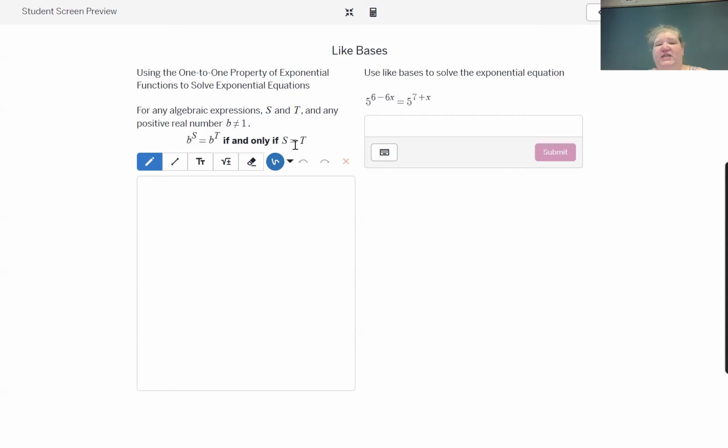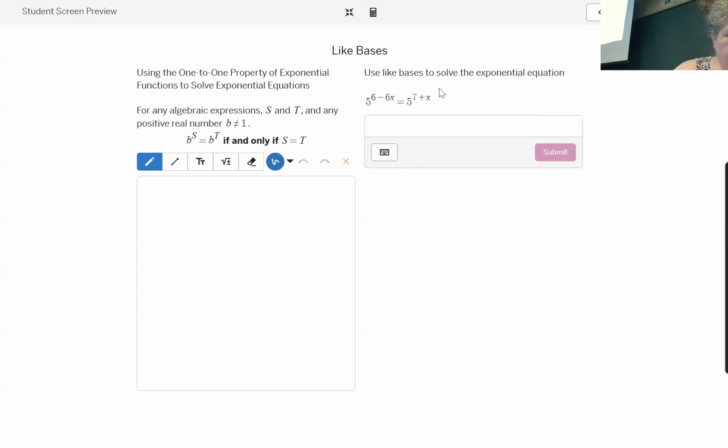So if s or t has a logarithm in it, then I can use an exponential on both sides of the equation to cancel the logarithm. In certain situations, we're actually going to use this setup backwards. But for right now, we're going to see 5 to the ugly algebra equals 5 to the weird algebra, but they're both 5s as exponential bases. So the powers have to be equal.